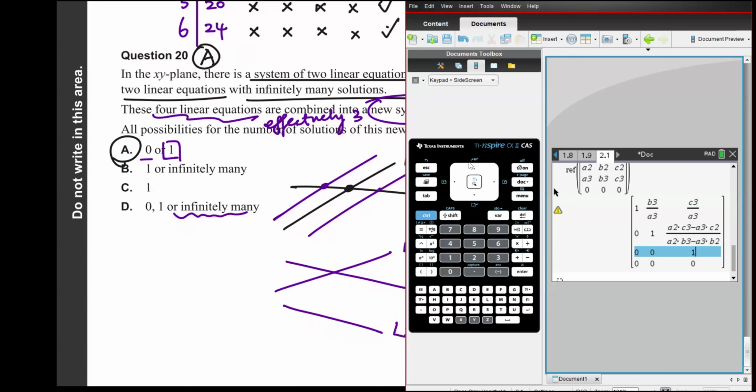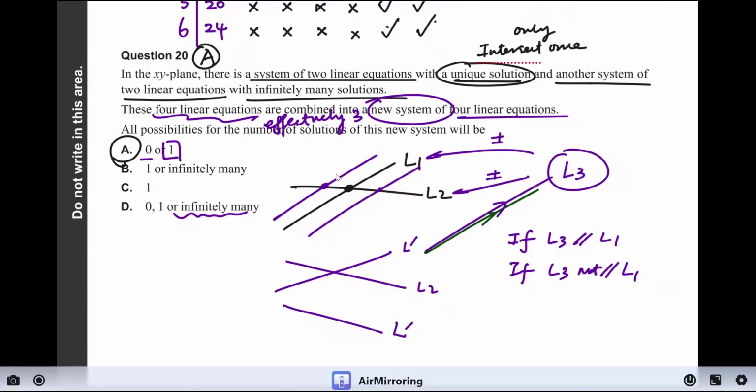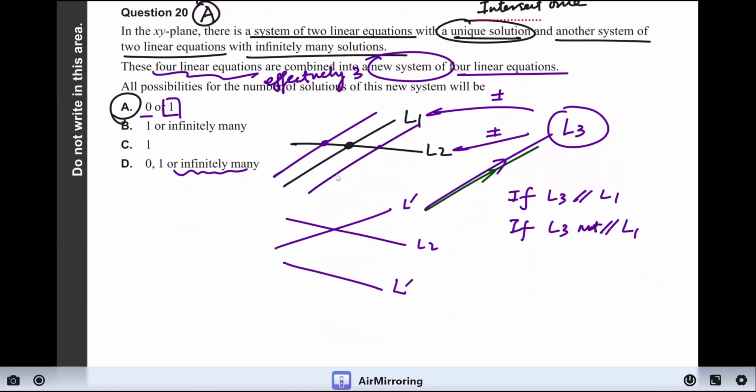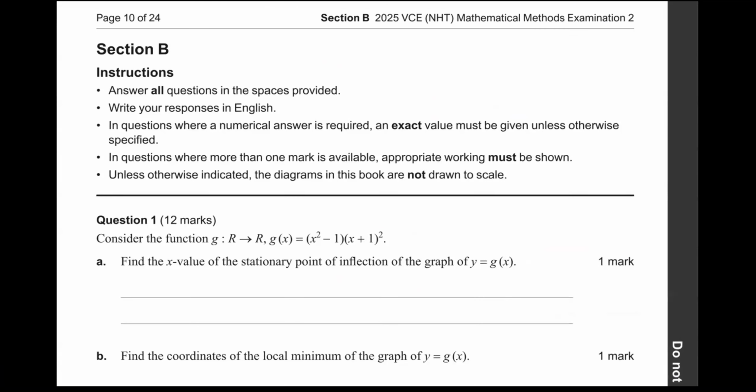So that's why this is using something beyond the mathematics curriculum. And for those of you who are interested in university math, you will find the exact answer to this question in the XY plane, only 2 dimensions. When you get to university, these 2 things are called pivots. Anyway, I'm talking too much about anything outside the VCE curriculum. So let's move on to section B here.